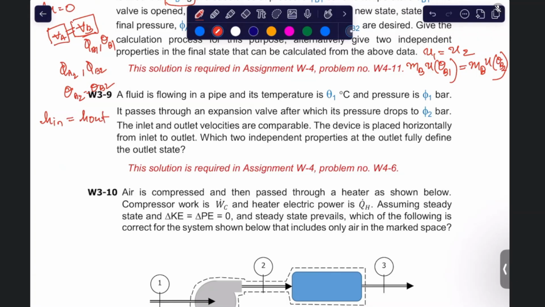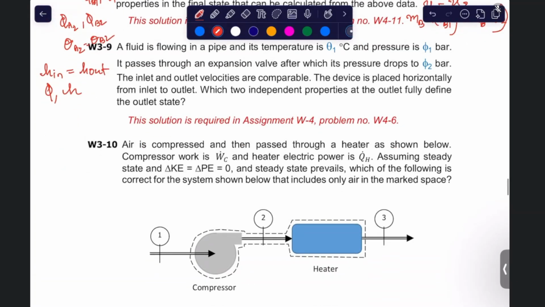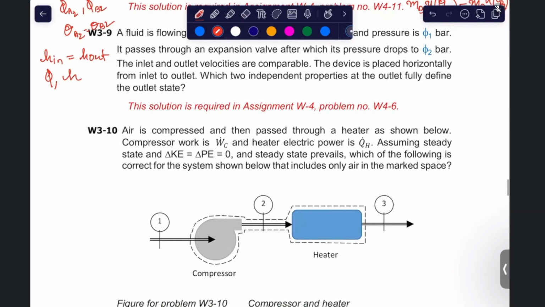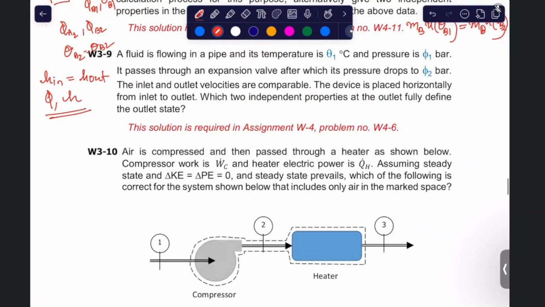So pressure at outlet is p2, and enthalpy at outlet equals inlet enthalpy. So the two independent properties are pressure and specific enthalpy. These are the two independent properties that we need to know for a throttling device.